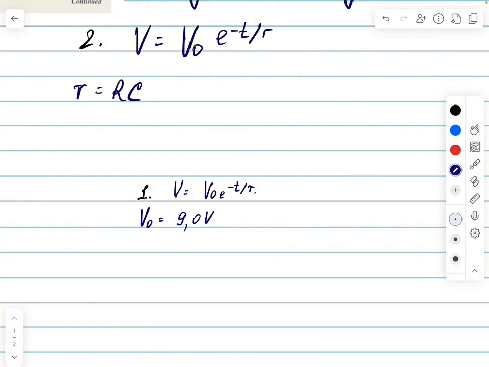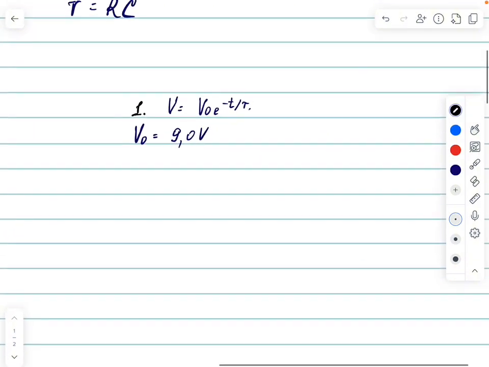And the tau is the time constant that we need to determine. After that, to make the relationships easier to analyze, I take the natural logarithm of both sides. And then I get ln V equals, the initial, oh, sorry.